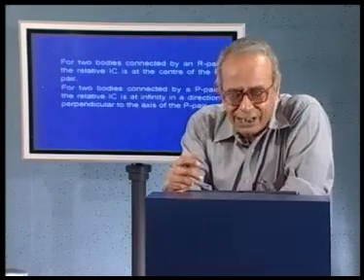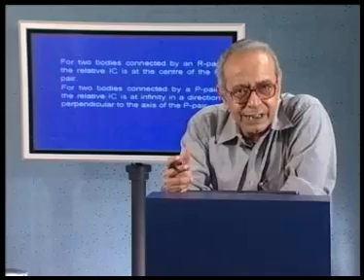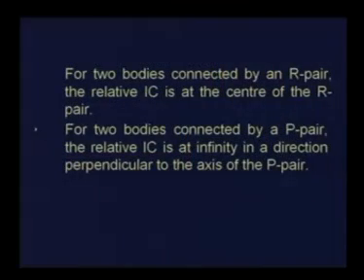We can recall that a P pair is nothing but an R pair at infinity in a direction perpendicular to the direction of relative sliding. So, these two sentences imply that for a P pair, the relative IC is at infinity in a direction perpendicular to the axis of the P pair.